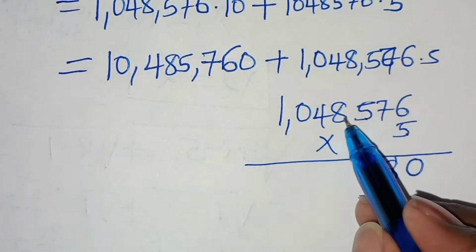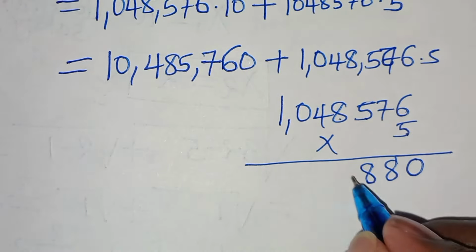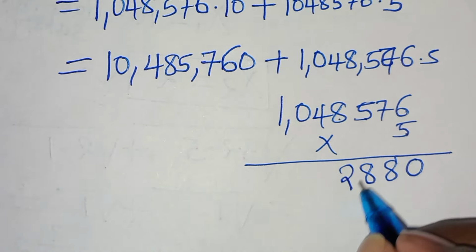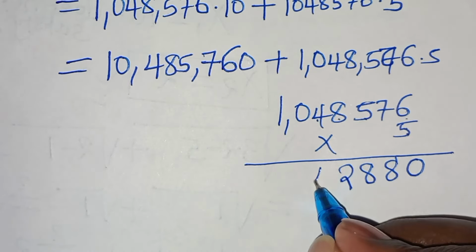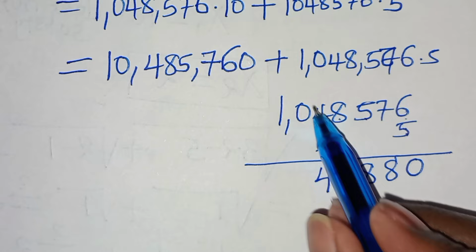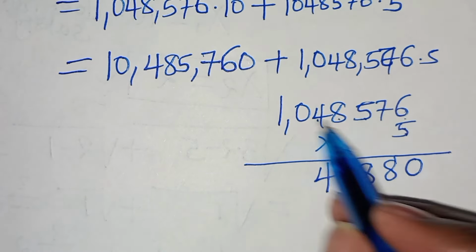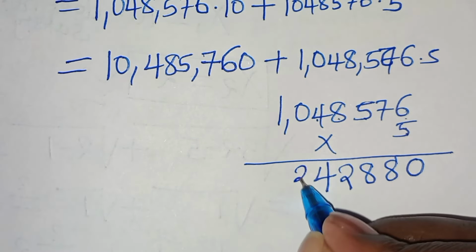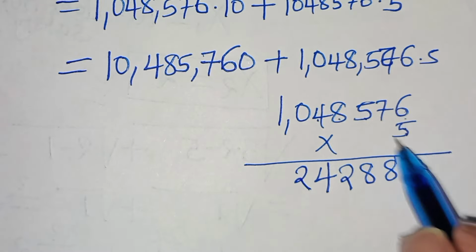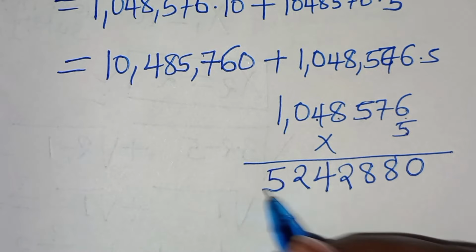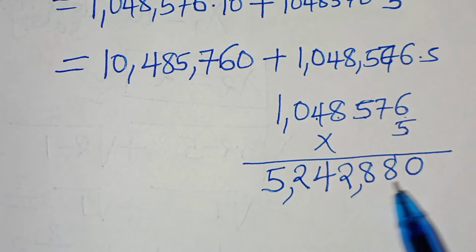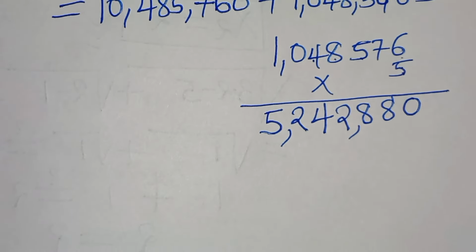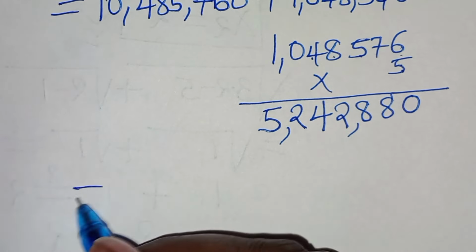So 8 carry 2. 8 times 5, this is 40, plus 2, this is 42. So we have 2 carry 4. 4 times 5, this is 20, plus 4, this is 24. Carry 2, then 0 times 5, this is 0, plus 2, this is 2. Then 1 times 5, this is equal to 5. So this is 5,242,880.